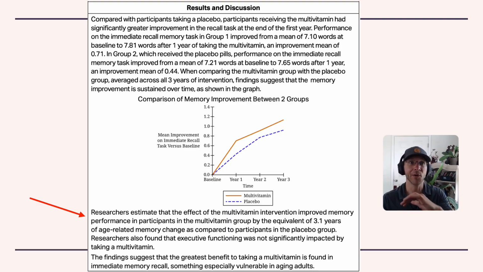That's how I know that what's written above is about the immediate recall stuff. So the difference in means shows that taking this multivitamin is going to improve memory performance by the equivalent of 3.1 years of age-related memory change as compared to the participants in the placebo group. That's it.